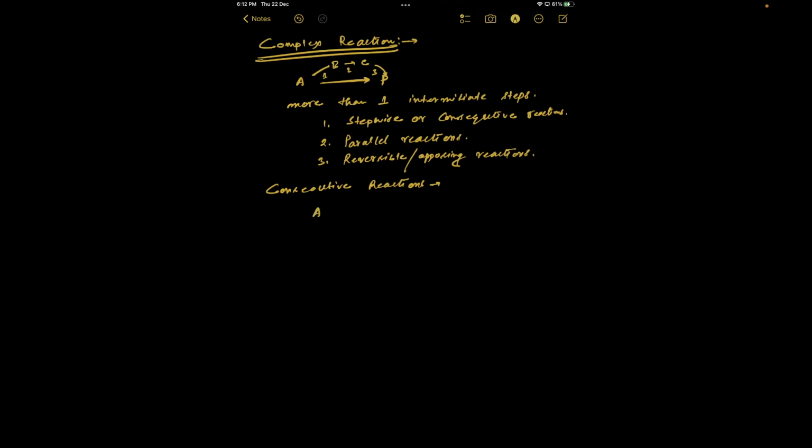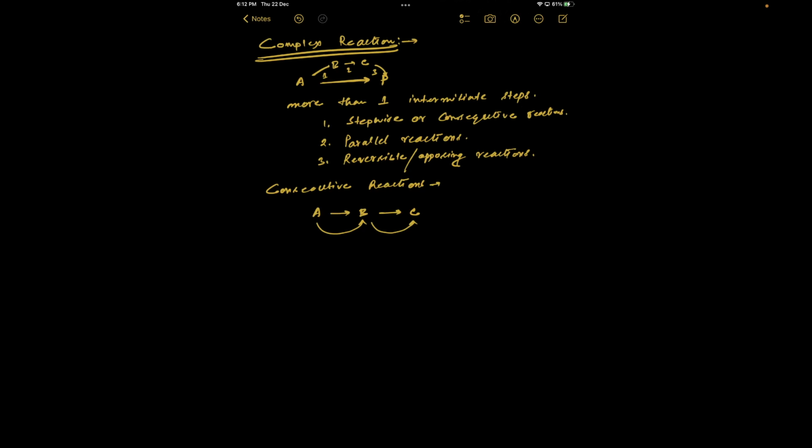Consecutive means, let's say from reactant molecule A, first it forms an intermediate B molecule, then from B to C. So from A to B, then B to final product C. That's why we name it the consecutive or stepwise reaction.